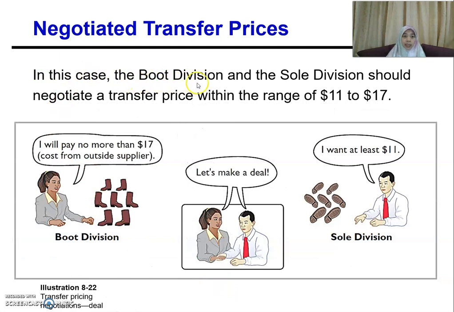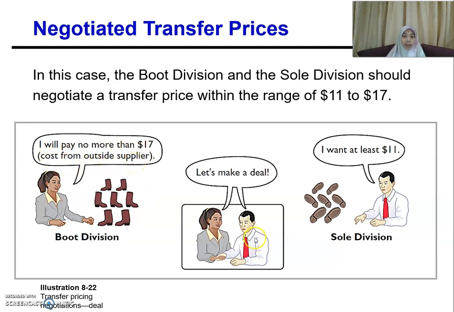In this case, the boot division and the sole division should negotiate a transfer price within the range of 11 to 17, because the sole division says I want at least 11, because that will cover the cost. But the boot division says I will pay no more than 17, because that's the cost from the outside supplier.